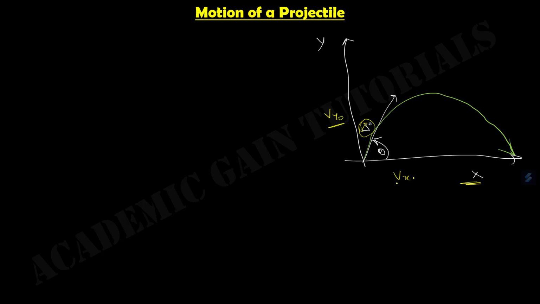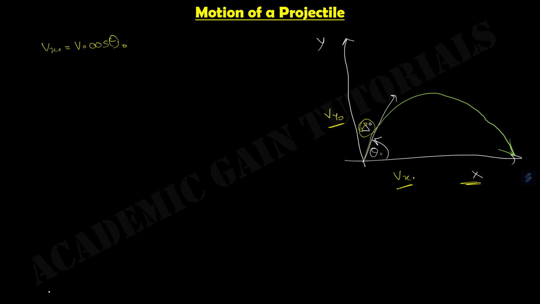So we can write that vx naught will be v naught cos theta naught, as it is theta. If I write this as theta naught, the angle of projection.